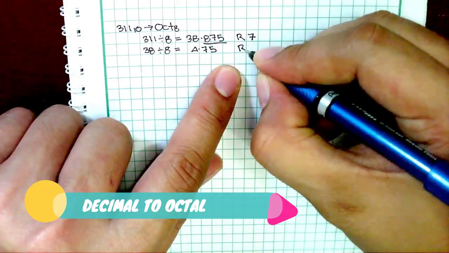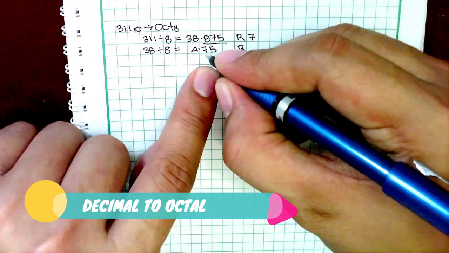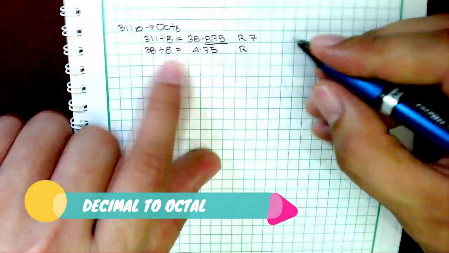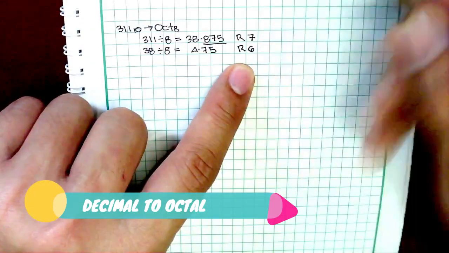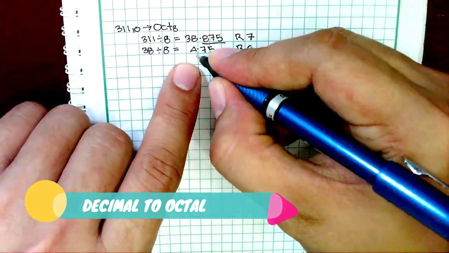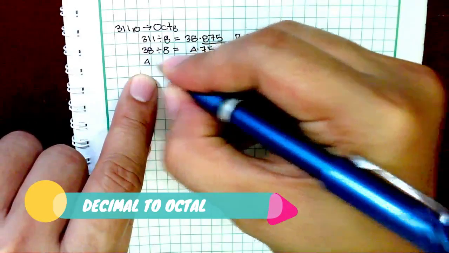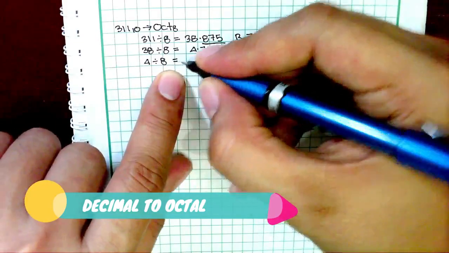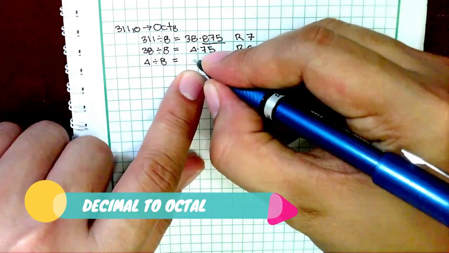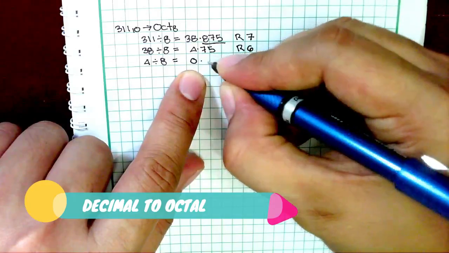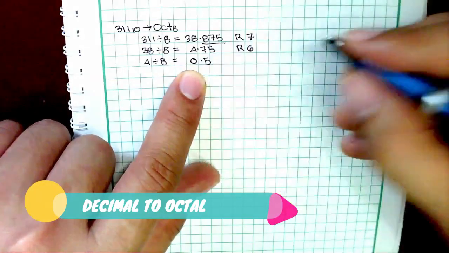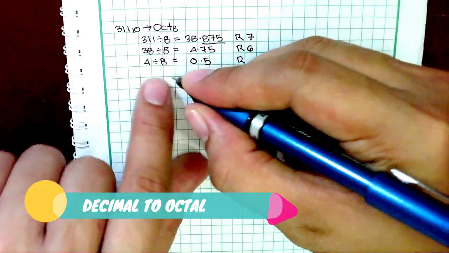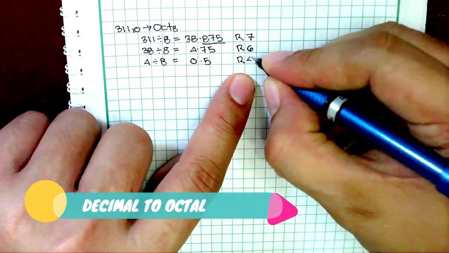Again, to determine our remainder, we're just going to multiply 0.75 times 8, which is equal to 6. Then copy our whole number, which is 4, then divide by 8. So 4 divided by 8, the answer is 0.5. Then for our remainder, 0.5 times 8 is equal to 4.